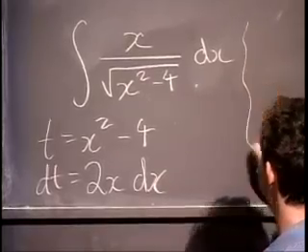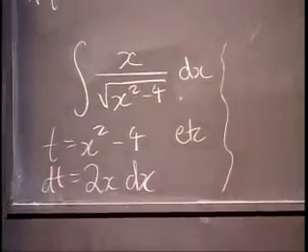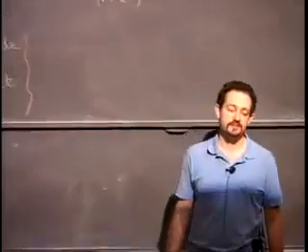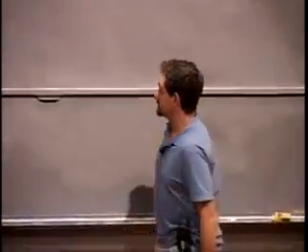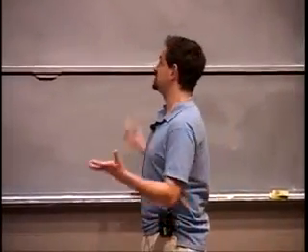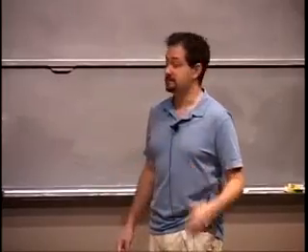You'll just get 1 over root t times dt, with a half floating around as well. So that's a fairly straightforward integral. So sometimes you can avoid a trig substitution if there's a derivative floating around. Look out for that. You can save time.